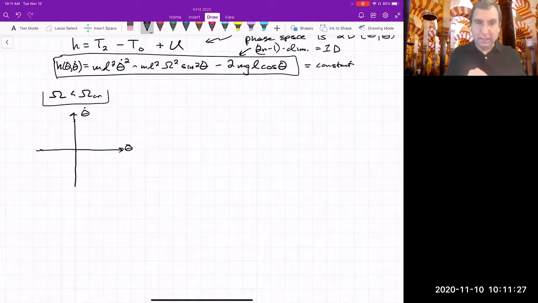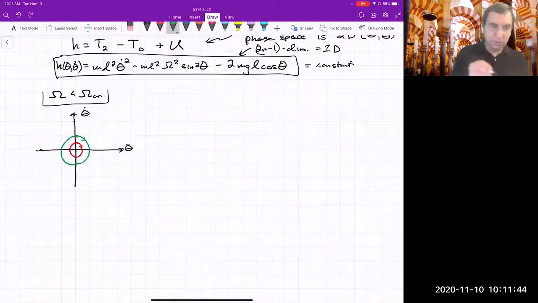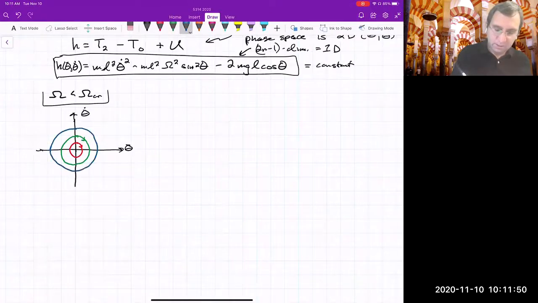If you were to plot level sets of H, say for a small value of H, you'll get some little circle. If you do a slightly larger value of H, you get a bigger one, and they might not be circles, they will be closed curves. And then a larger value of H still. Larger value means a larger level set. So these are different level sets.